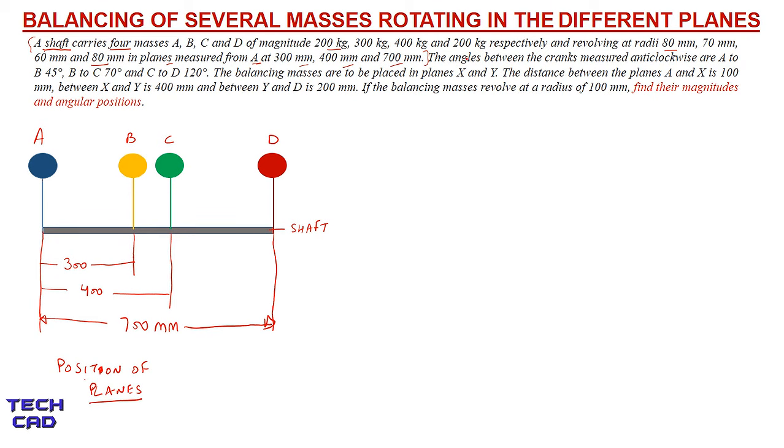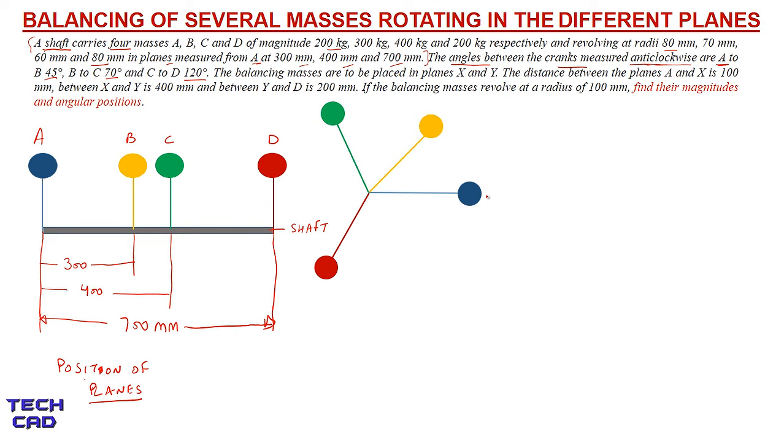Let's see the further statement of the question. The angles between the cranks, measured anti-clockwise, are A to B 45, B to C 70, C to D 120. This means the angles between these masses are given and you have to take these angles anti-clockwise. To understand the angles between these masses, we have to make the space diagram.